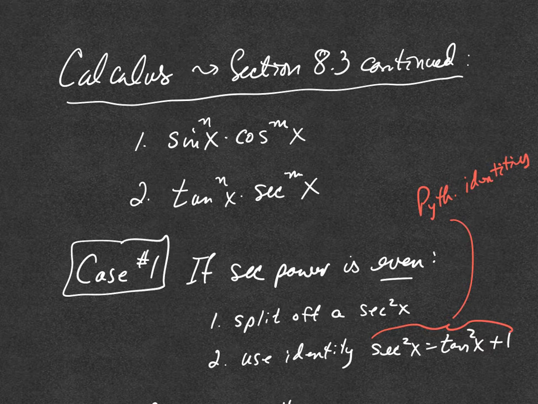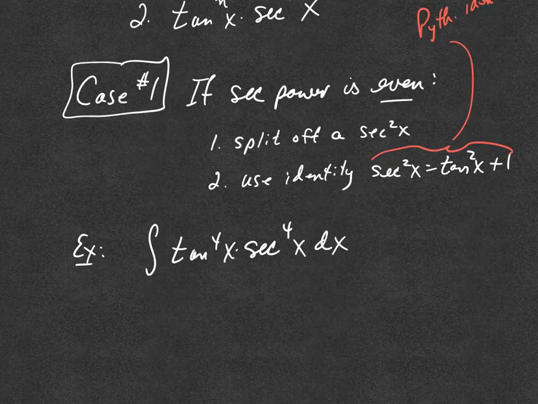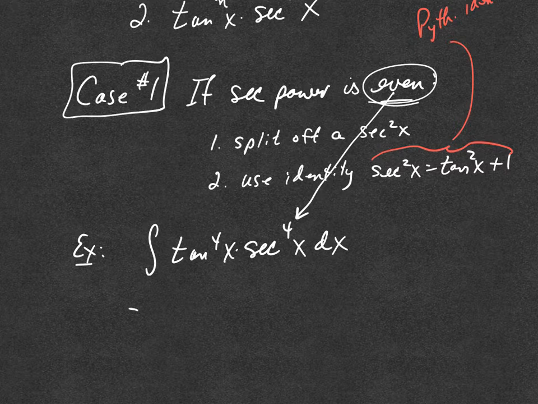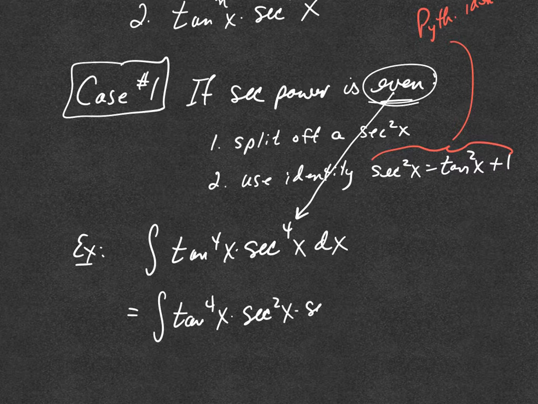Let's go through an example and show you how it works. I'm not going to go very far because I just want to show you the basic idea. What we've got going on here is a secant power that is even. The strategy says we want to break off a secant squared, so we leave the tangent alone, and I'm going to break secant to the fourth into secant squared, secant squared.